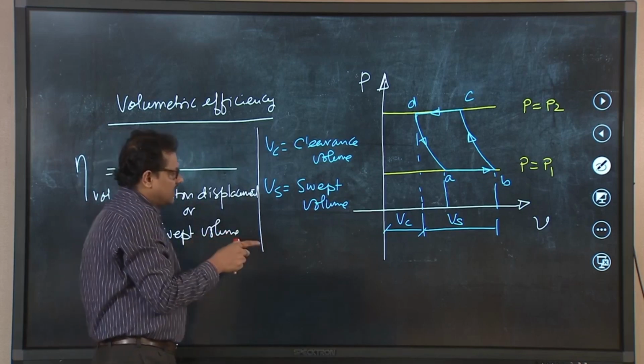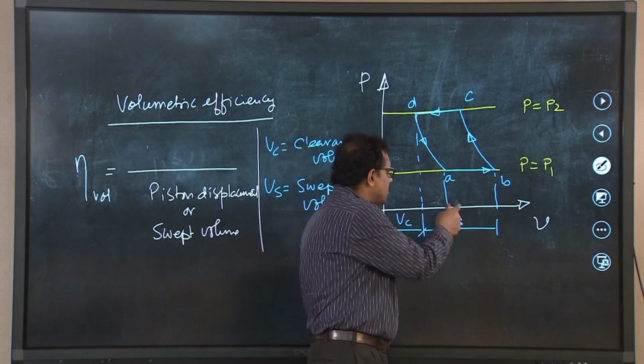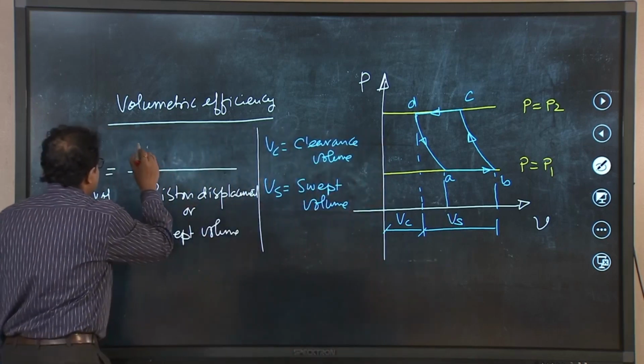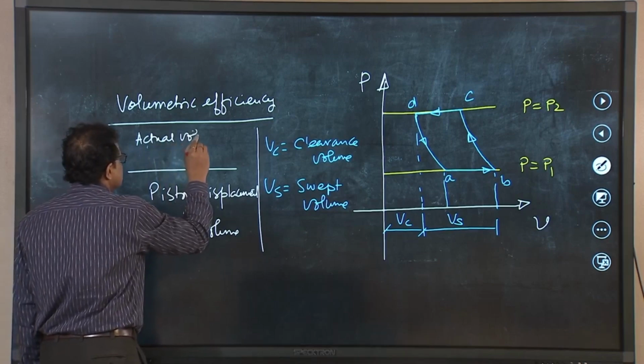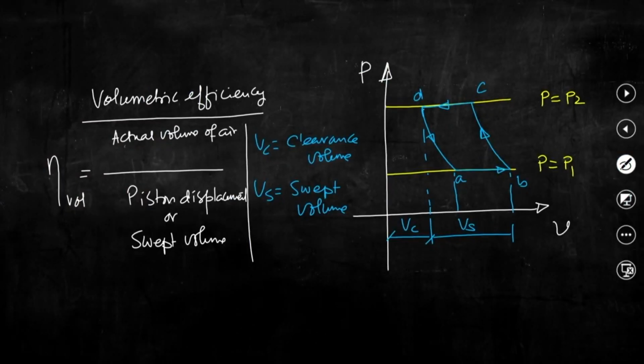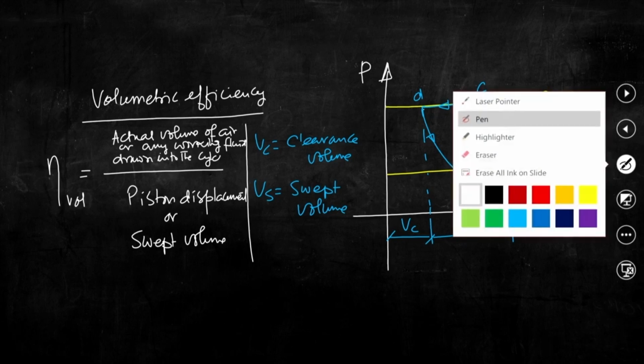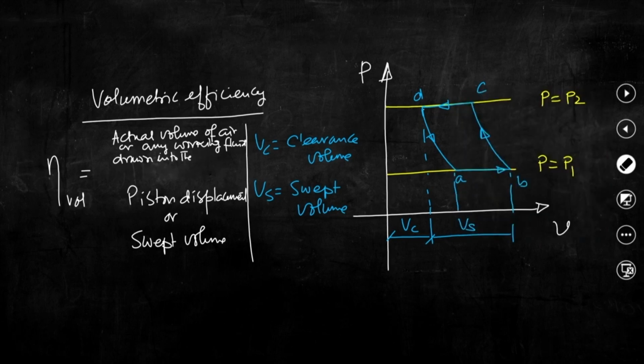Ideally we are supposed to have a volume of air equal to Vs inside the cylinder, but the actual volume of air or any working fluid drawn into the cylinder during suction stroke is different.